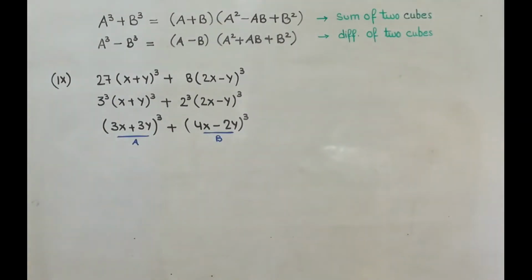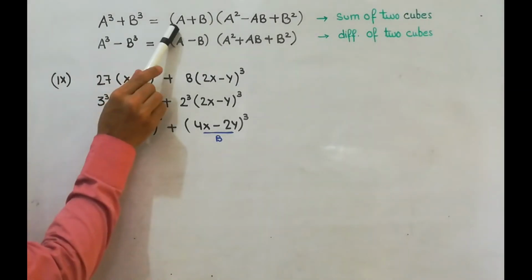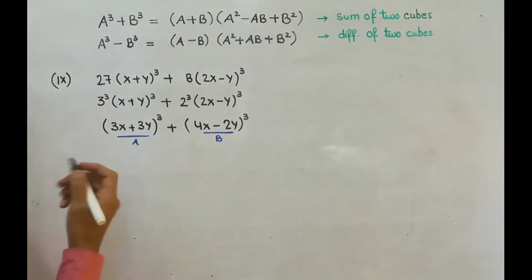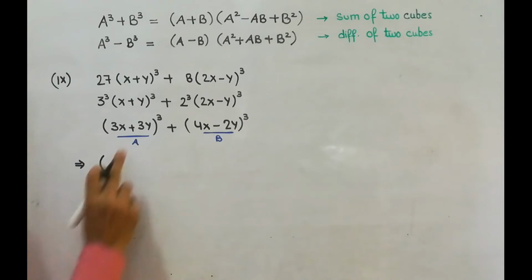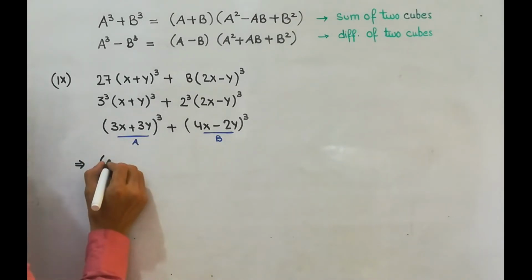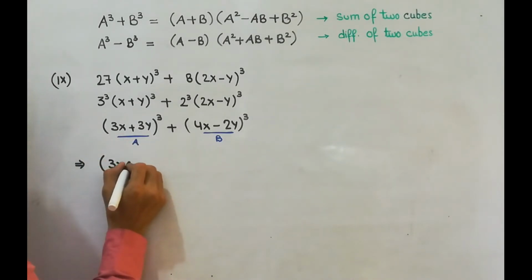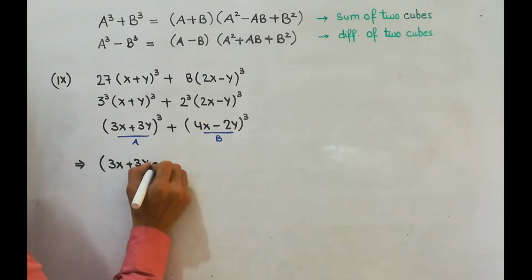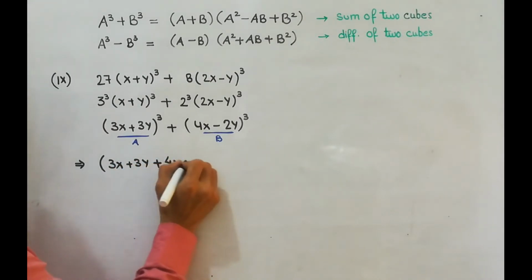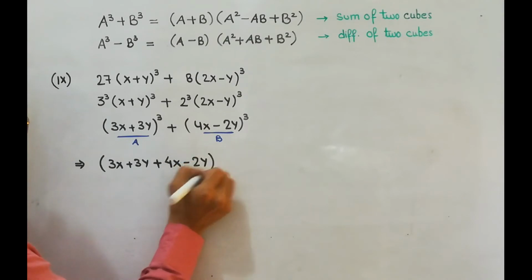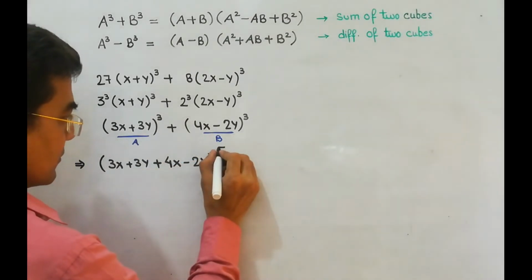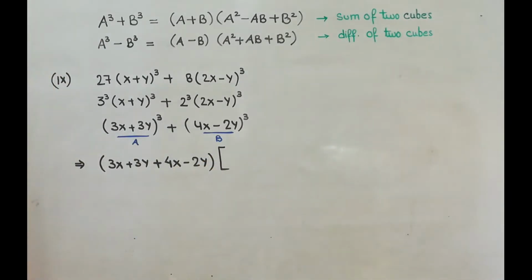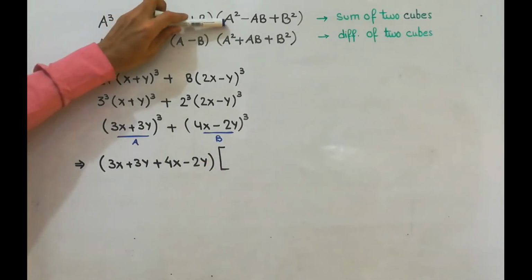When we apply the formula for a cube plus b cube, in the first bracket you are getting a plus b. This is your a plus b. In the second bracket, what do you have to write? First of all, you have to write the square of a.